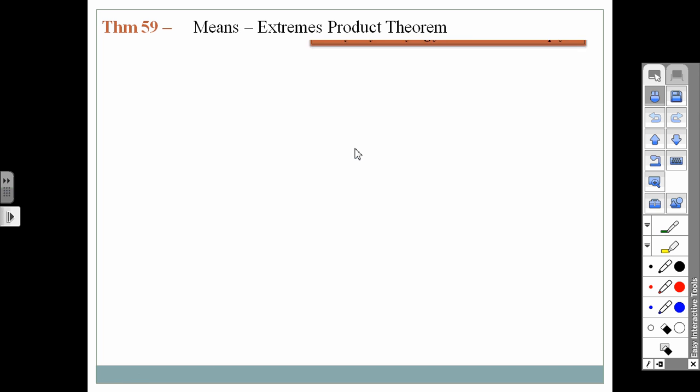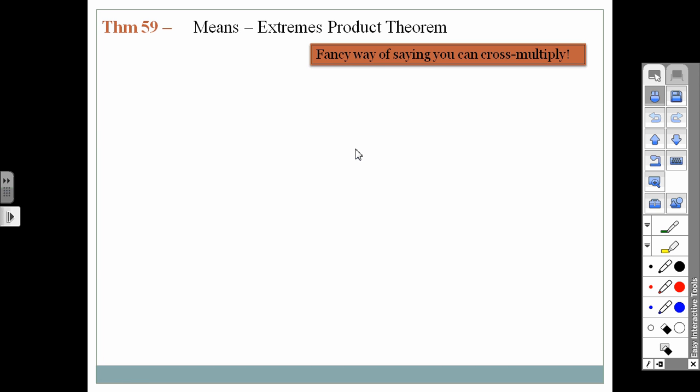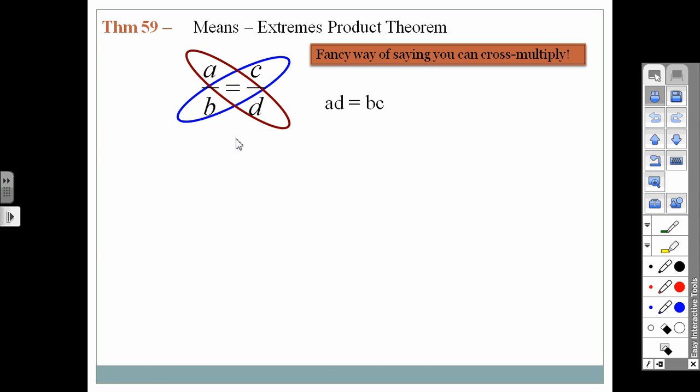Well, what this is, it's just a very fancy way of saying that you can cross multiply, which we already knew. So yay. So let's see exactly in general terms what this is looking at. We have A is to B as C is to D. So you can take your extremes and your means, multiply them together. So here are your extremes multiplied, here are the means multiplied, and you get this equation.